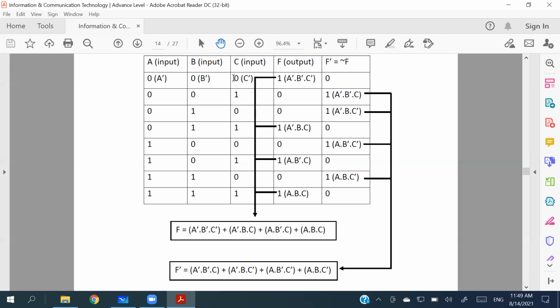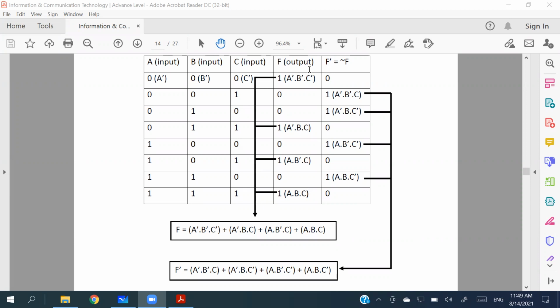Is that clear, people? Okay. And 1 will indicate the natural state or the non-complemented state. That means 1 will indicate A. 0 will indicate A bar.